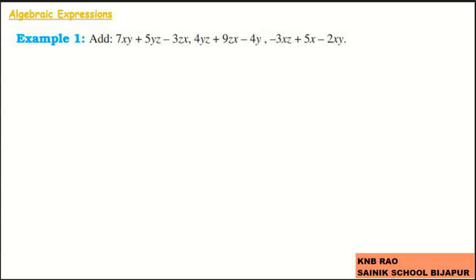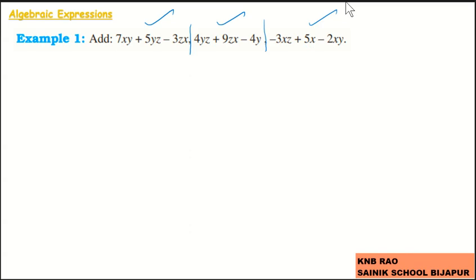Here you have three algebraic expressions to add. The first is 7xy plus 5yz minus 3zx. The second is 4yz plus 9zx minus 4y. The third one is minus 3xz plus 5x minus 2xy.